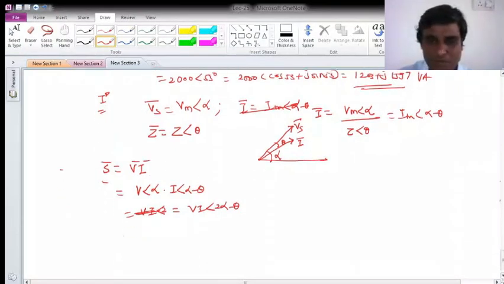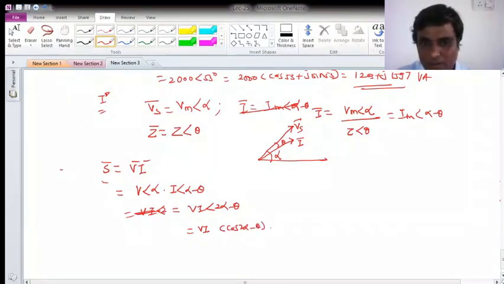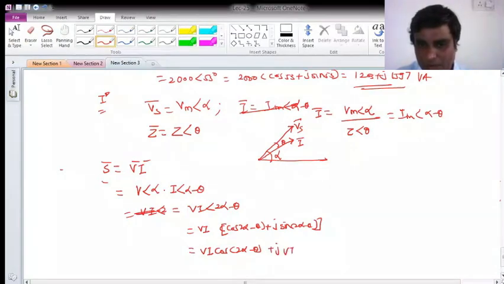What will this quantity be? This will be VI into cos of 2 alpha minus theta plus j sin of 2 alpha minus theta. So if I separate, it will be VI cos of 2 alpha minus theta plus j VI sin of 2 alpha minus theta.